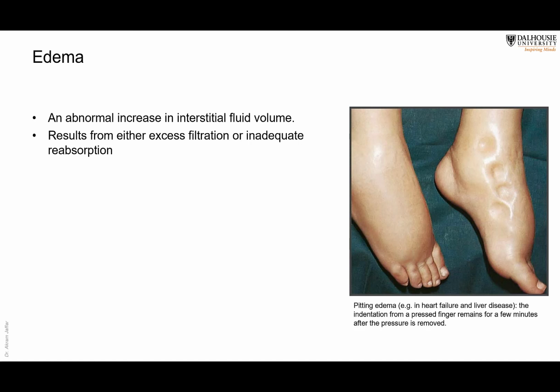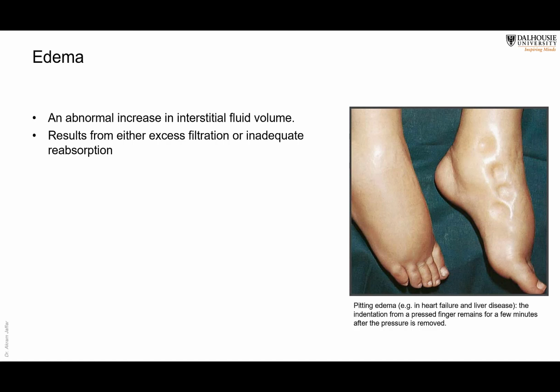When there is excess extracellular fluid that cannot be taken up by the lymphatics, not necessarily because they fail, we will have a condition which is called edema, as you can see here. This is called pitting edema. There is excess fluid in the interstitial space. One of the reasons is that this happens, for example, in liver diseases.